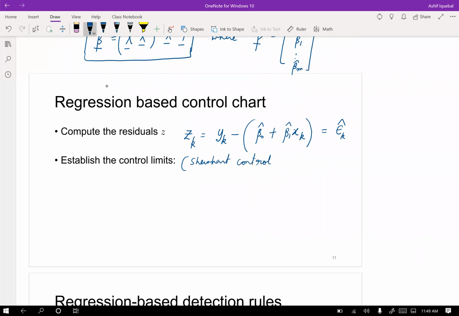Now, if we consider a Shewhart control chart, and if n is equal to 1, do you remember what type of control chart we can construct?